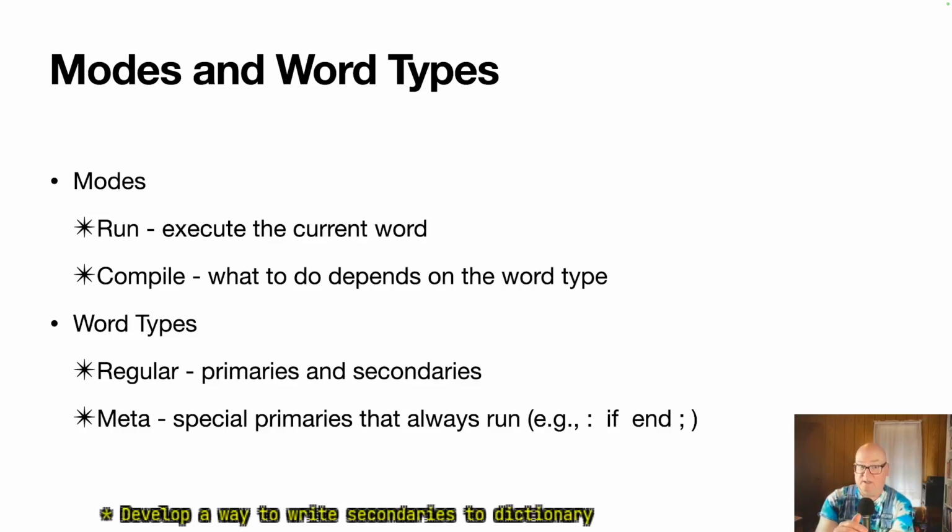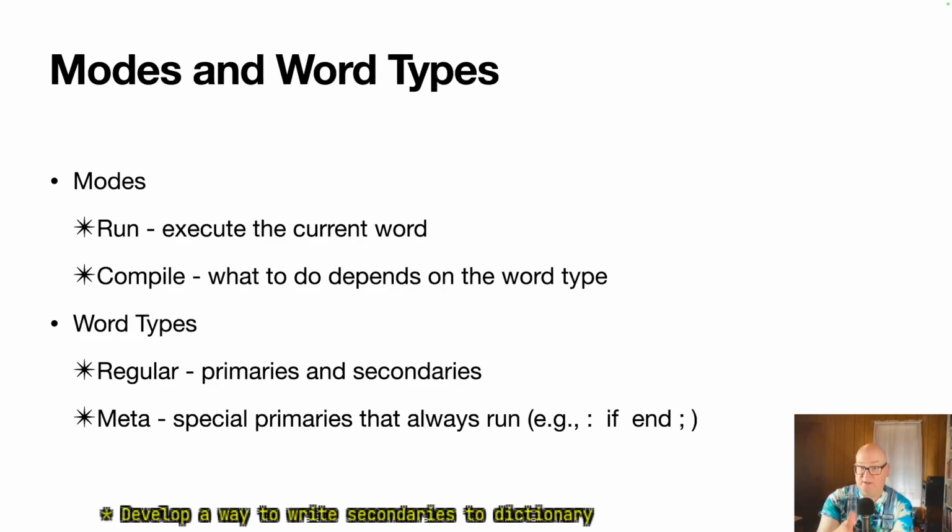And so the word colon is the word that triggers you defining things. So colon is going to switch you from run mode to compile mode. And that'll create a secondary and then get you going on filling in new things. Another one is if.